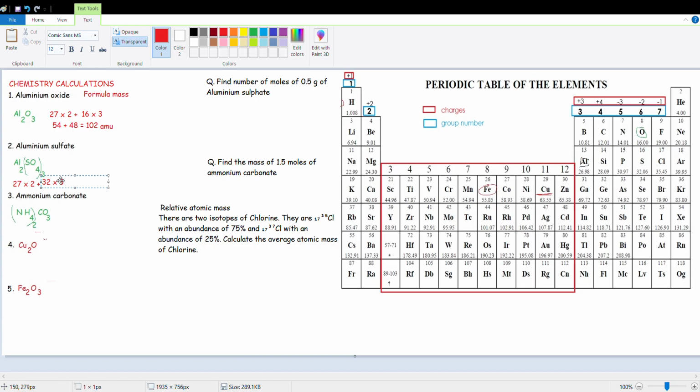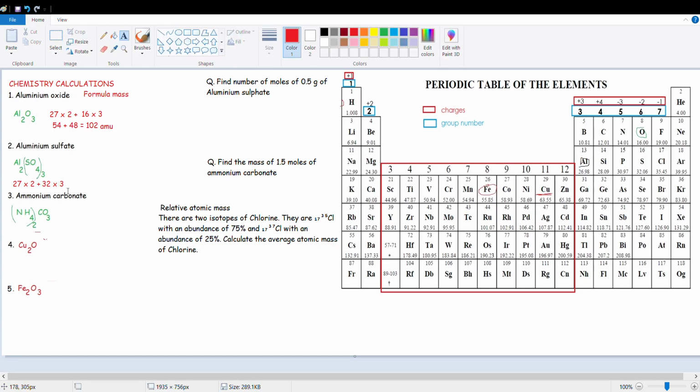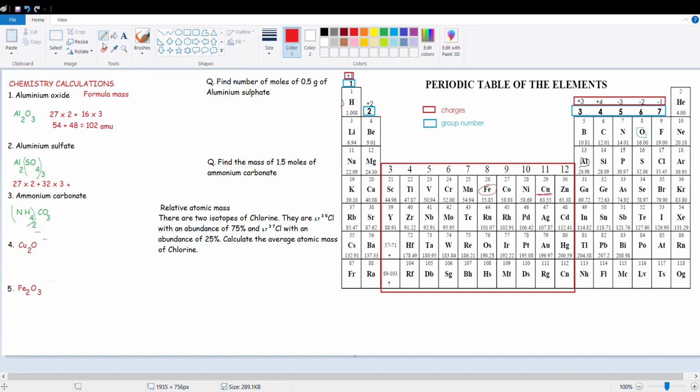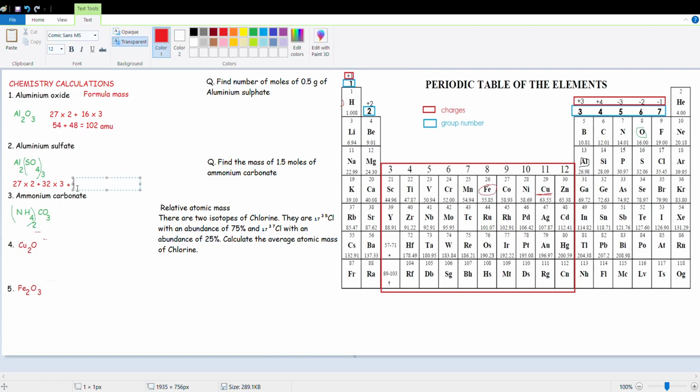And then we have oxygen, and I need to figure out how many. Oxygen is 4 and 3, so 4 times 3 is 12 atoms, so I write oxygen is 16 times 12.